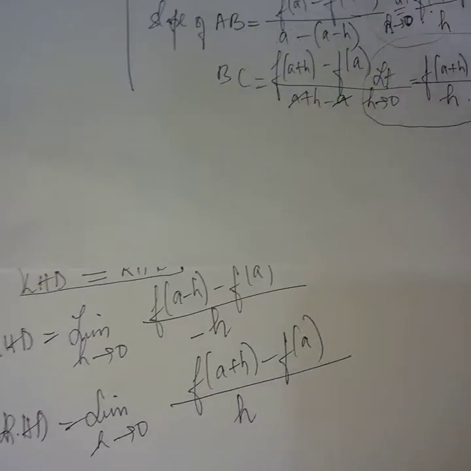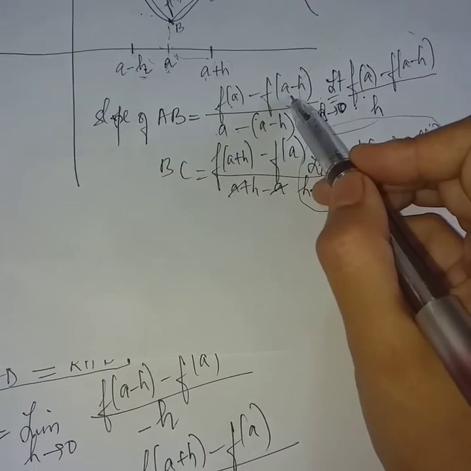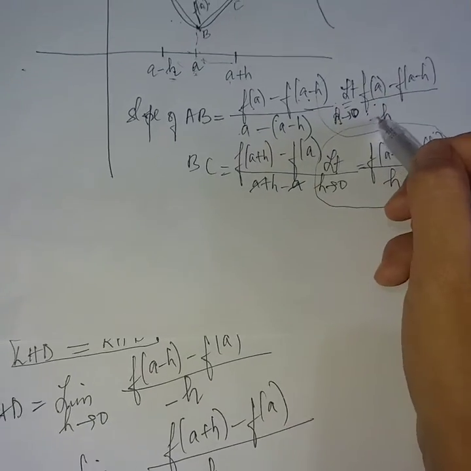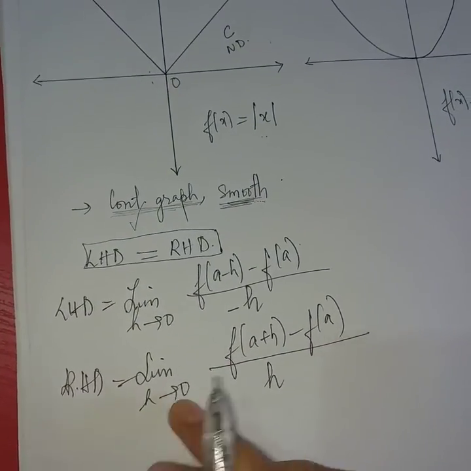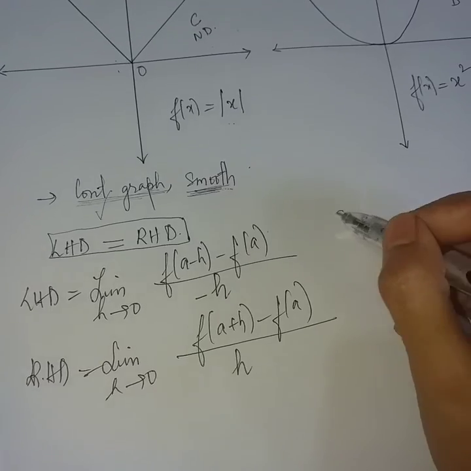So here we got the left hand derivative. If we take f of A minus h to the other side, here we have minus.